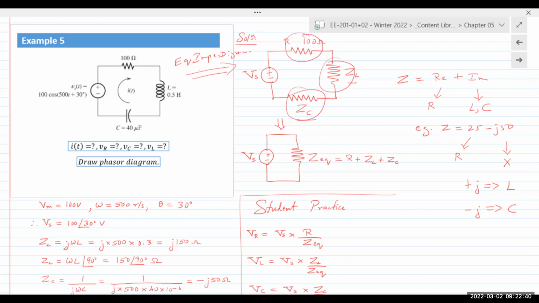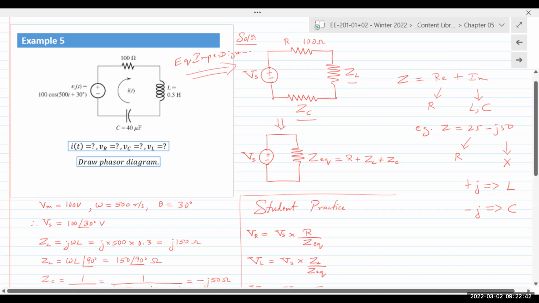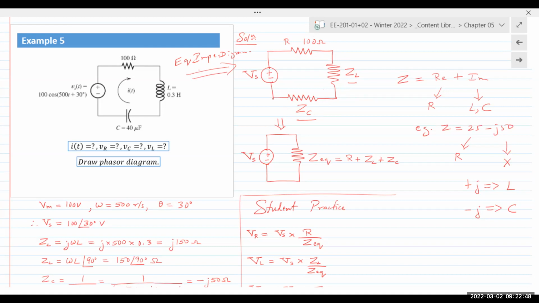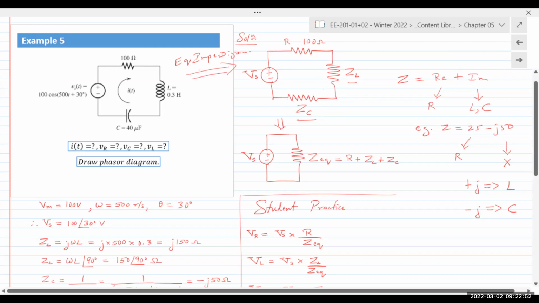The other method is to apply voltage division, which in the AC form will still work, except all quantities are now vectors, meaning they're complex numbers. So the process remains exactly the same, only the mathematical calculations are different.